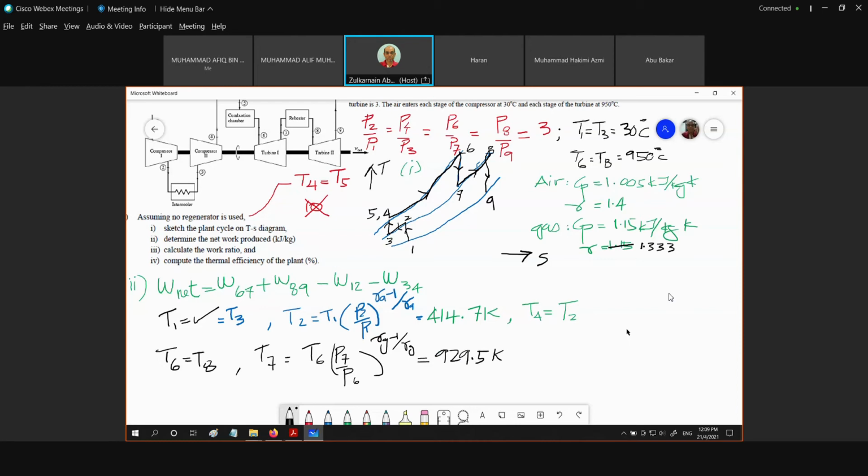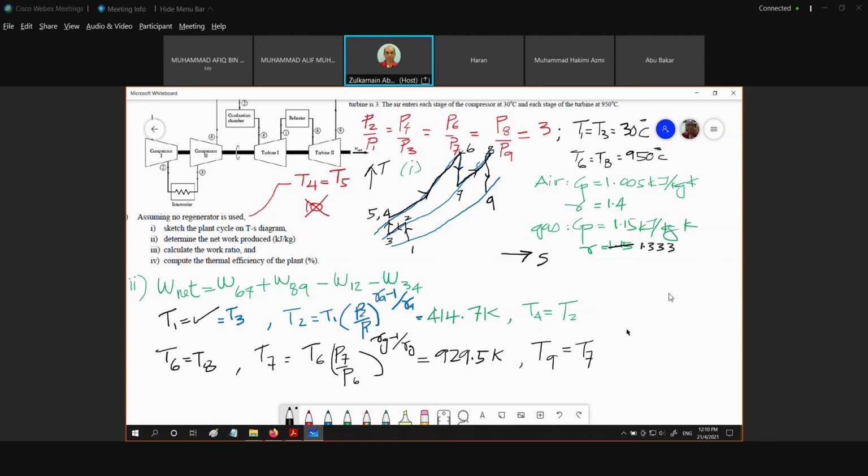T8 is equal to T6. And how about T9? T9 is equal to, this is also the same, P8 over P9 is 3, then we should get the same value. T9 is also the same as T7. Okay?